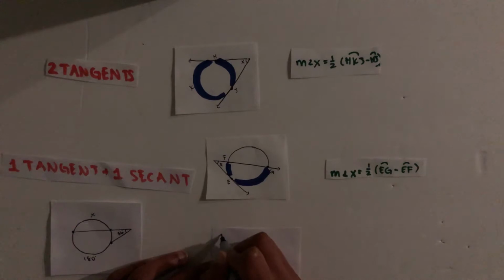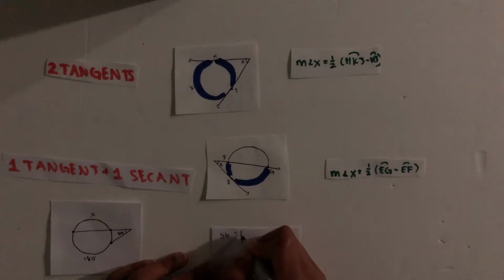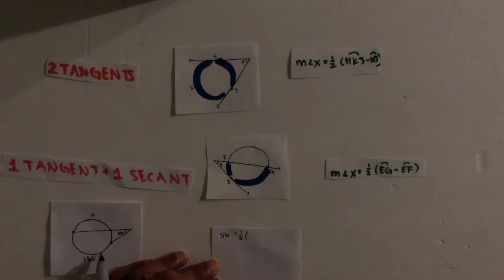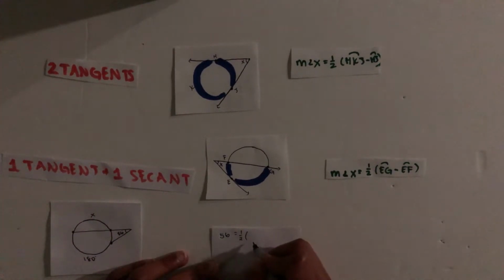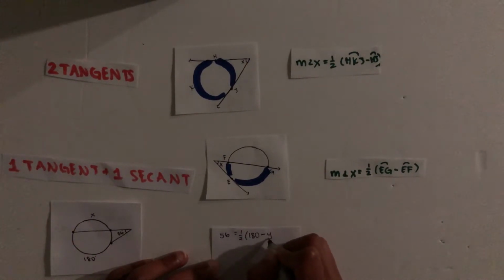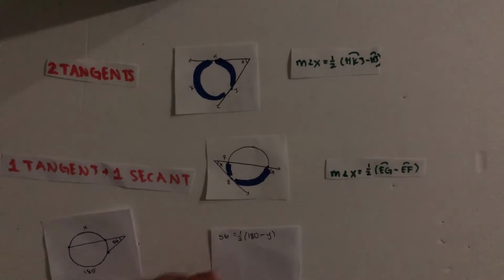So 56 is equal to 1/2 of 180 degrees, which is right here. That's one of the arcs that we're given. 180 degrees minus y. And I'll show you where we get the y from.